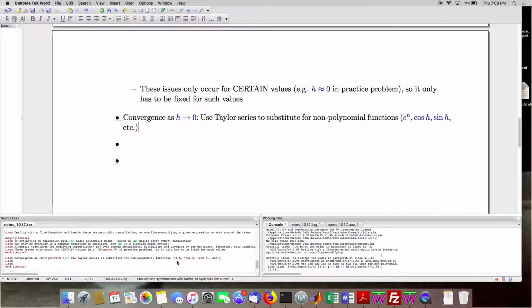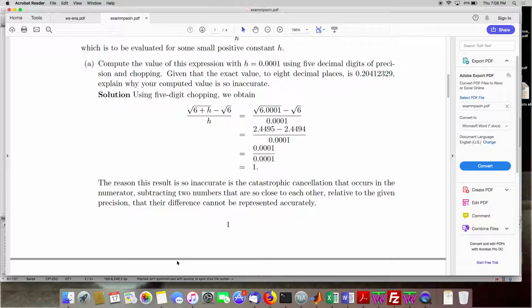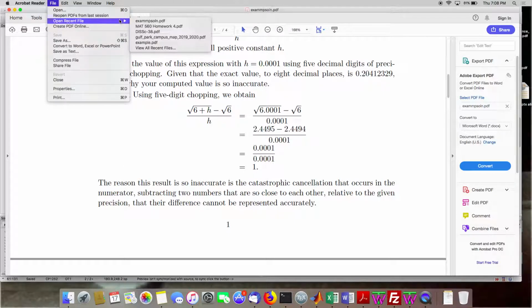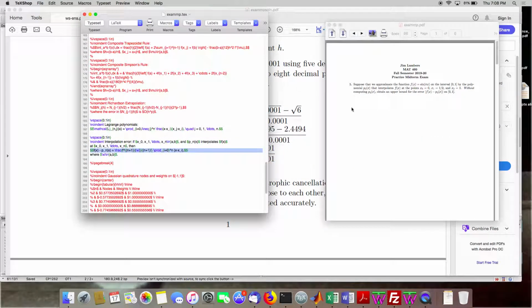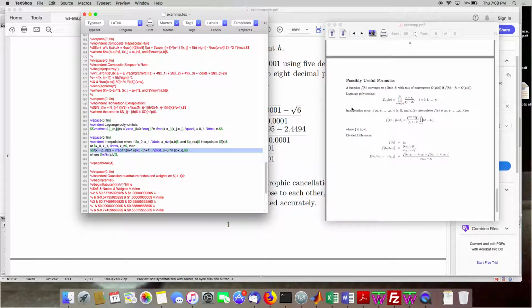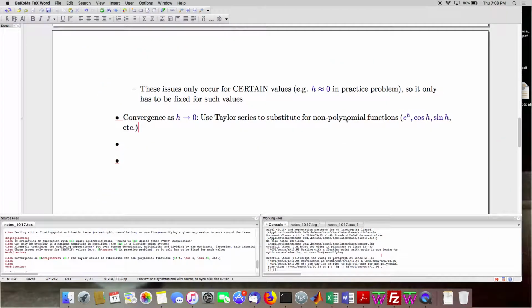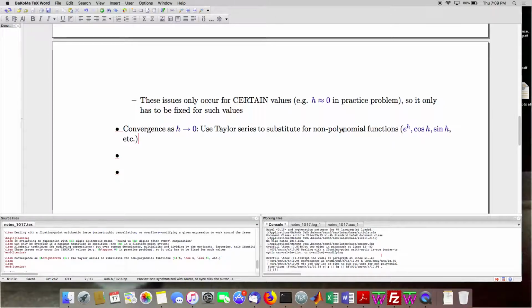It occurred to me, let me take a look at the practice test itself. Oh, wait, I have that here. If there is a need to provide certain Taylor series on the formula sheet, I will do that. I didn't have that on the original formula sheet, but if it's necessary, I'll put that there.